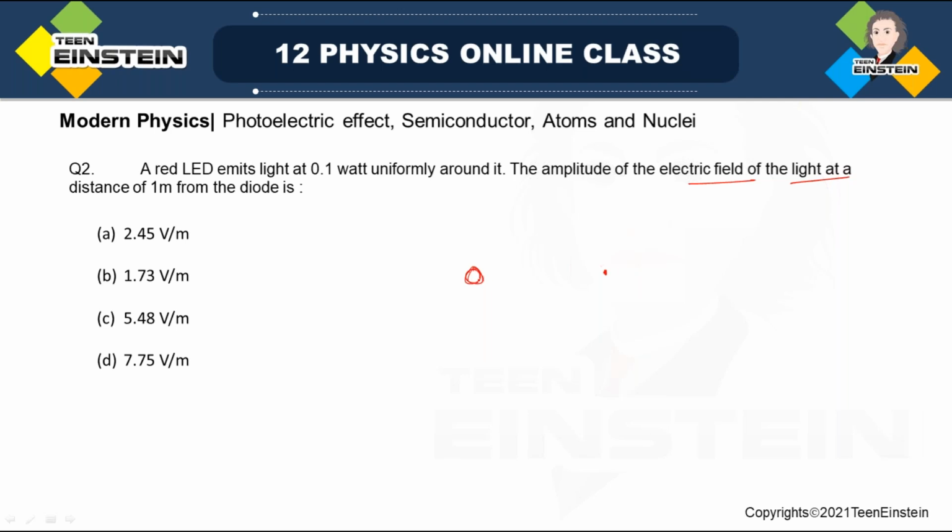You should take this distance to be the radius of the sphere, and then the light energy spreads over the surface of the sphere of radius 1 meter.